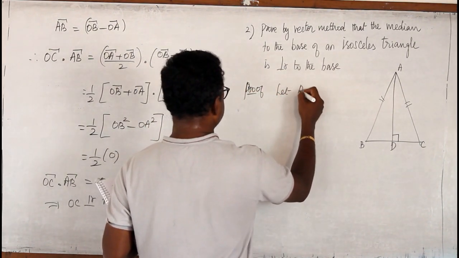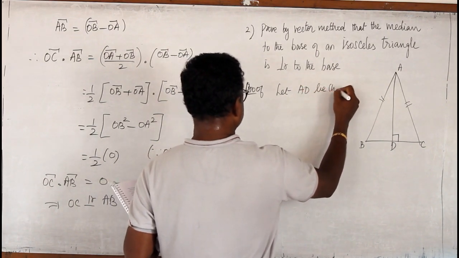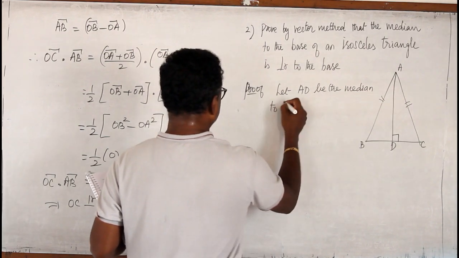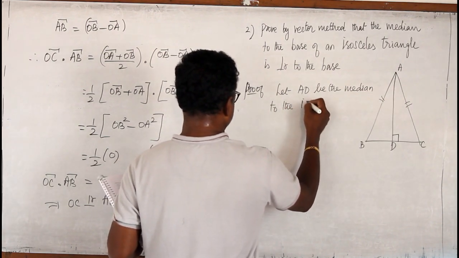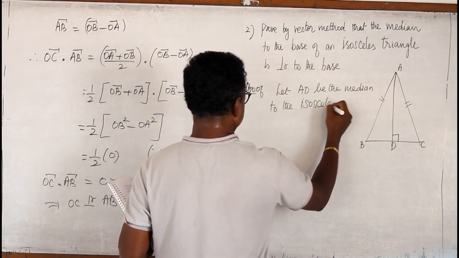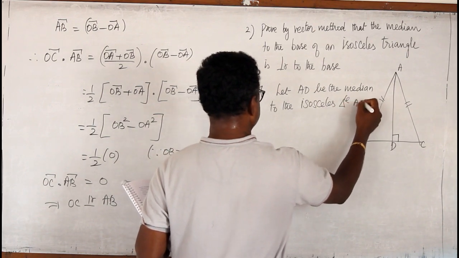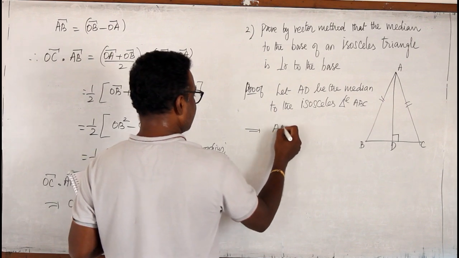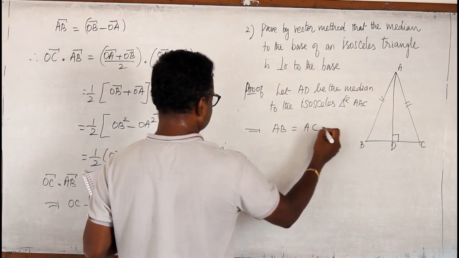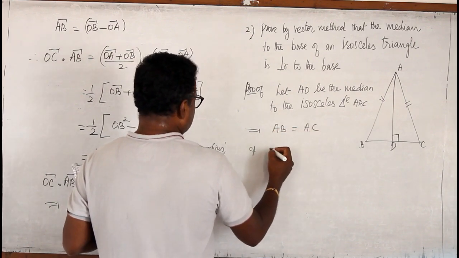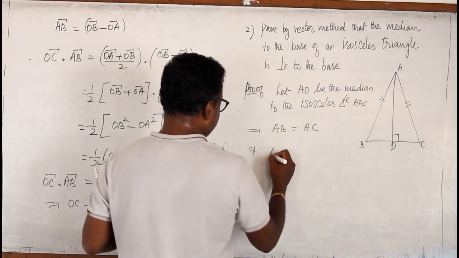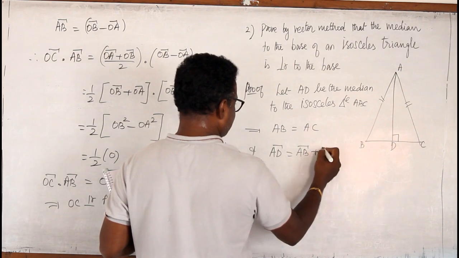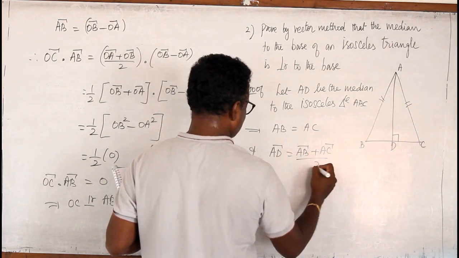Let AD be the median to the isosceles triangle ABC. Then what are the things we have? This implies AB equal to AC and AD vector equal to AB vector plus AC vector by 2.